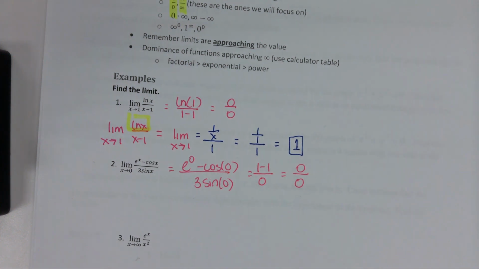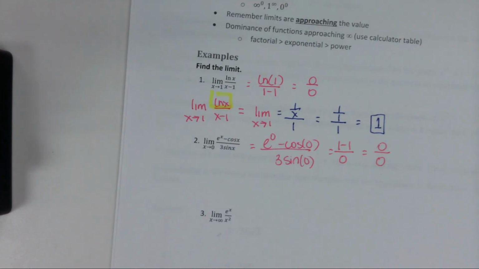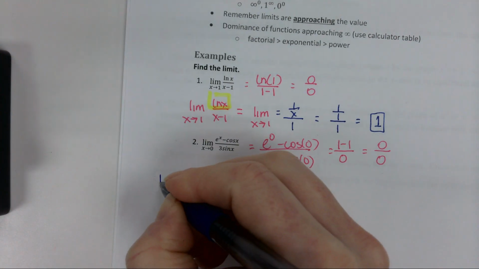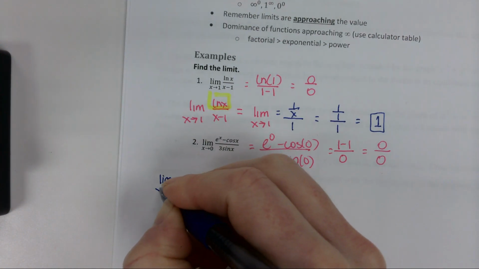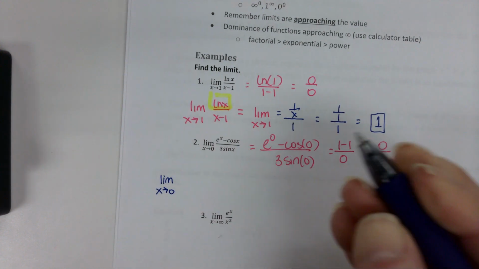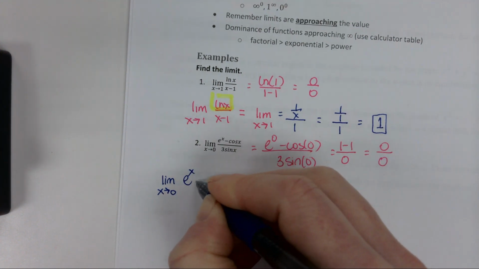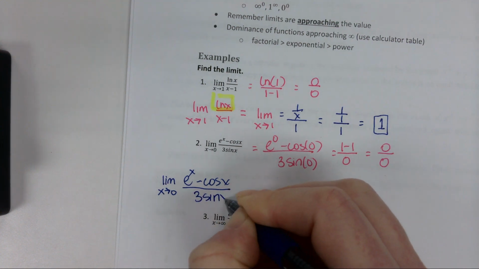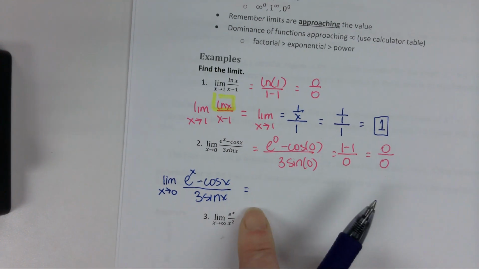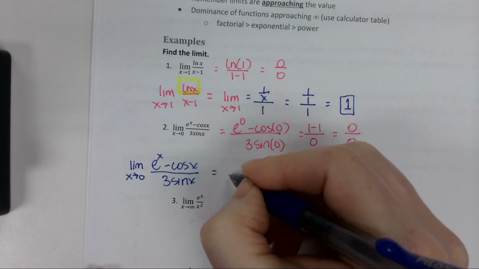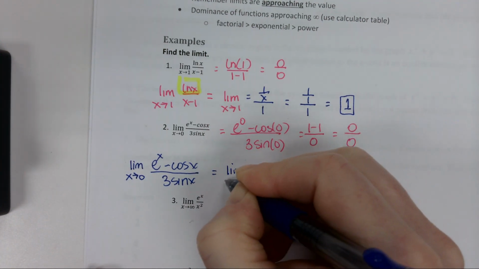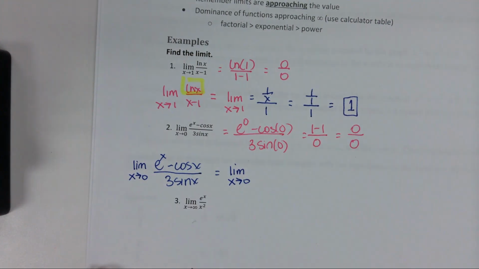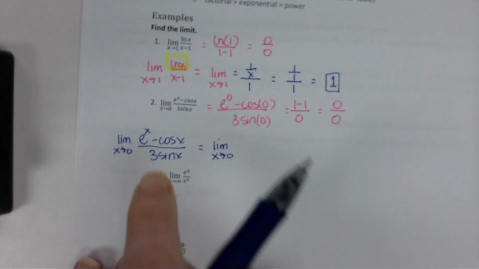So since I get an indeterminate form, I am going to state that the limit as x goes to 0 of e to the x minus cosine of x over 3 sine of x, you have to write this statement for the grader so they know you're using L'Hopital's rule, is equal to the limit as x goes to 0, and you can chunk it out in top and bottom if you want to, of, what's the derivative of e to the x?